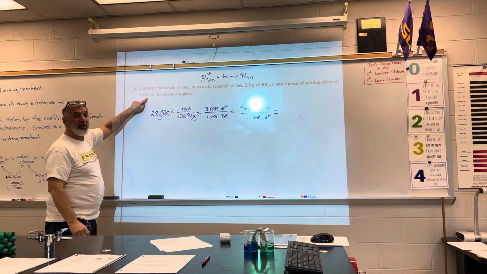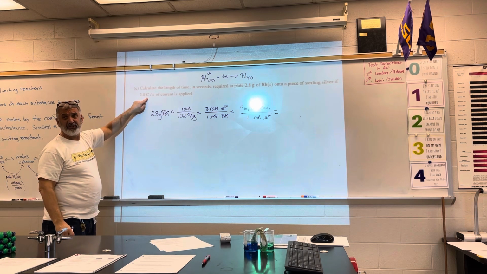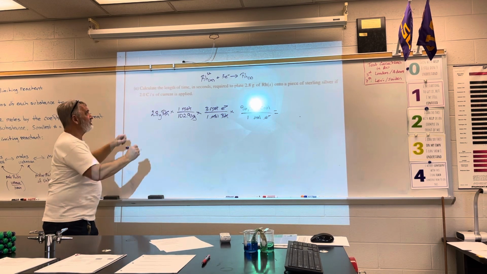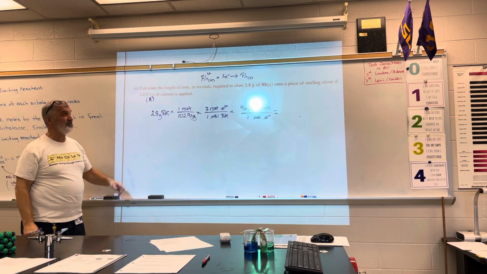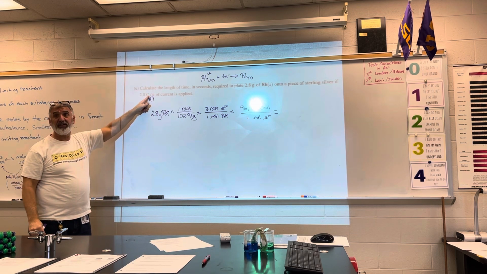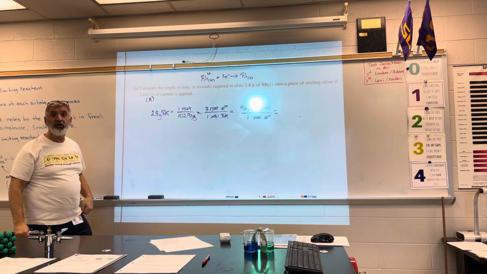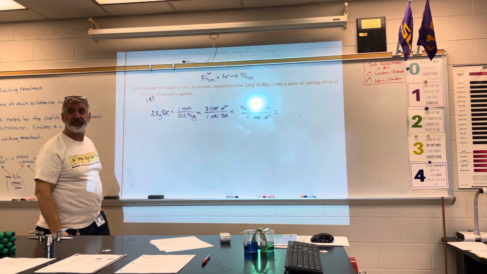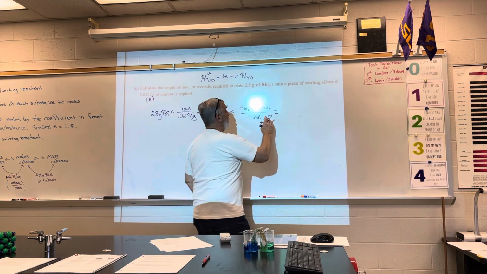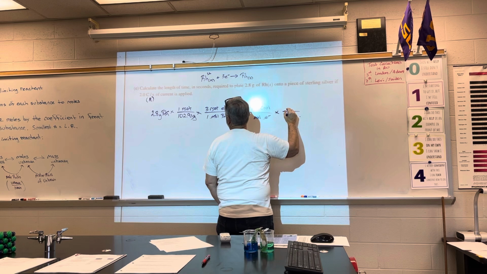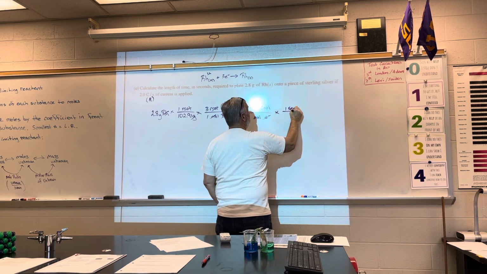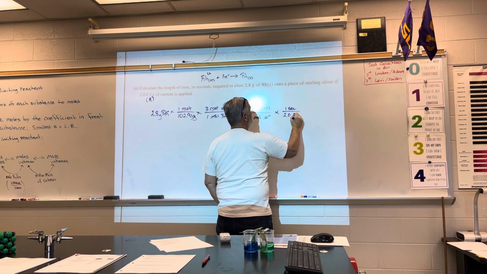Now, what's another way they could have given this to us? Amps. It could have just been an A. That's the first time I've ever seen them give it in terms of coulombs per second rather than just amps. We should know that an amp is a coulomb per second. So we want coulombs on the bottom, so I'm going to say 1 second over 2.0 coulombs.